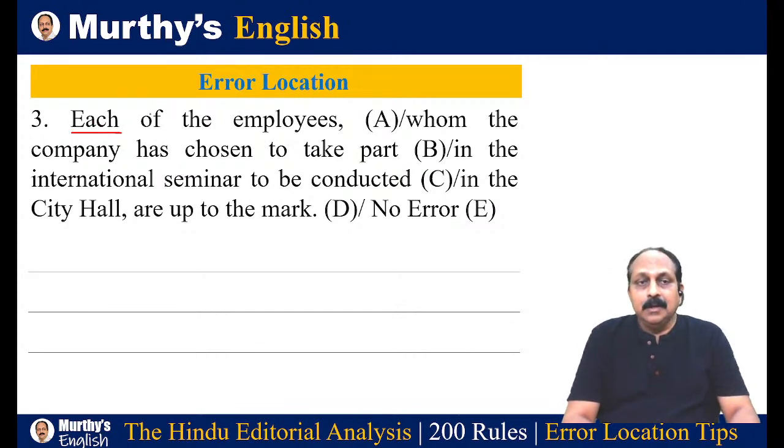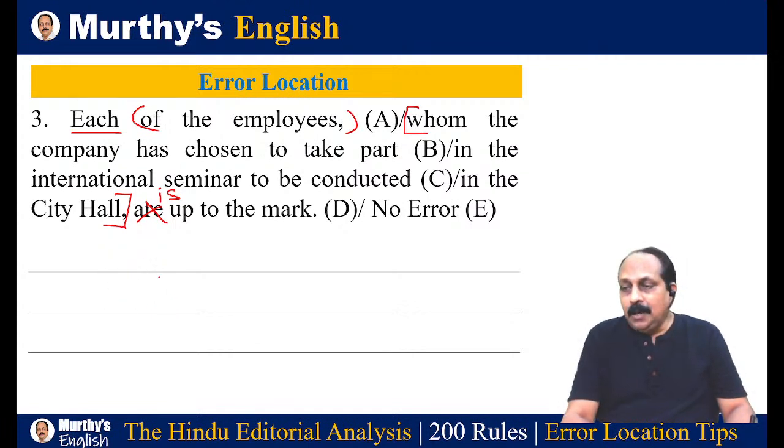Based on that, each of the employees, this is a phrase, don't consider, whom the company has chosen to take part in the international seminar to be conducted in the city hall. This is a clause, don't consider, are up to the mark. Each is singular, then we cannot use a plural verb. It has to be is. Each is up to the mark.